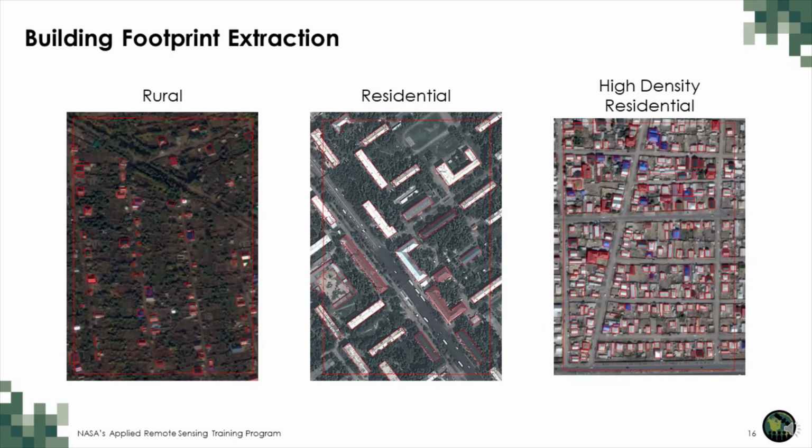So this is more typically how we use it, not for an entire country, but looking at specific areas, just going through and extracting the building count and building area for different types of construction in different types of development patterns in different types of countries. So, you can understand certainly how rural residential and high density residential might be easy to distinguish in remote sensing imagery.